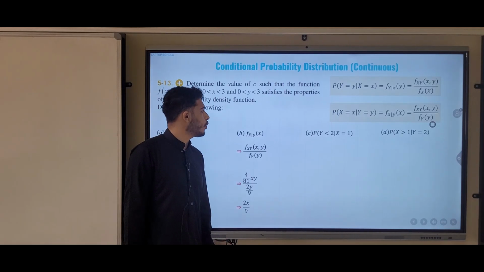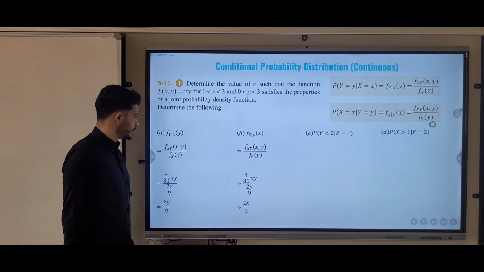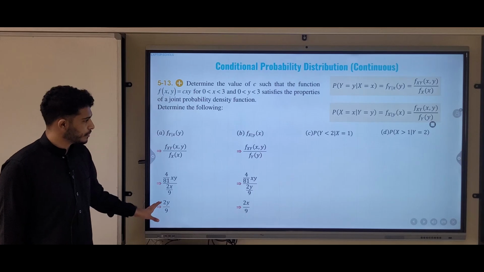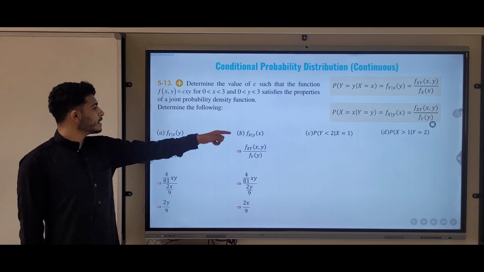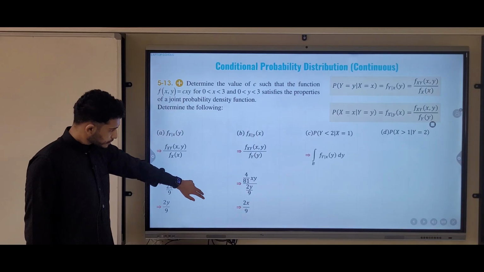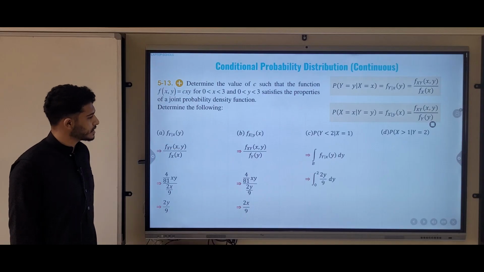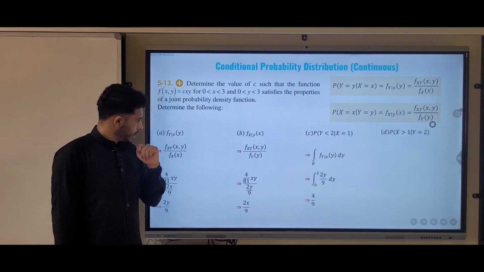So probability of y less than 2, given that x equals 1. So just integrate this one, since we are dealing with the conditional probability. You want the conditional distribution function, integrated over the desired region, which I denoted as b, which is from 0 to 2 in this case, and you're going to find the answer at the end. Here's the thing.